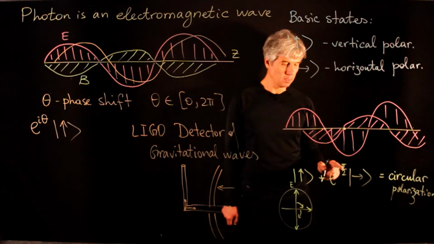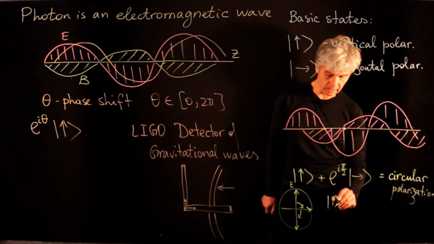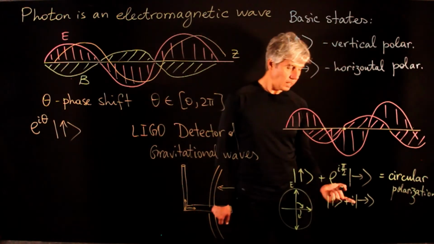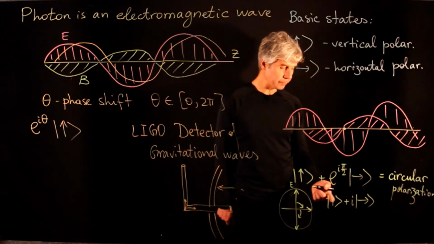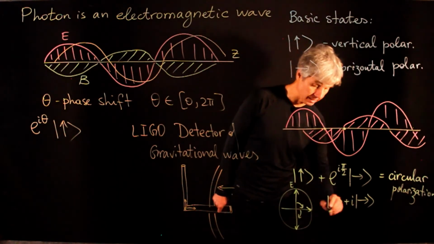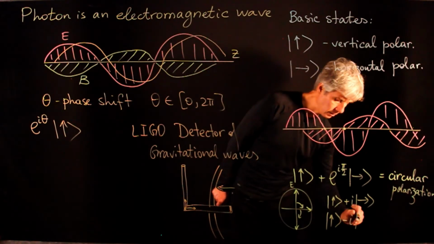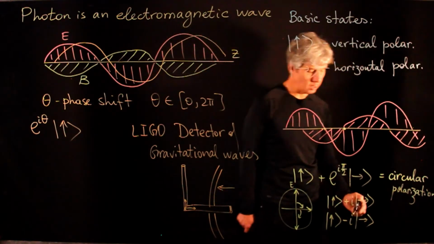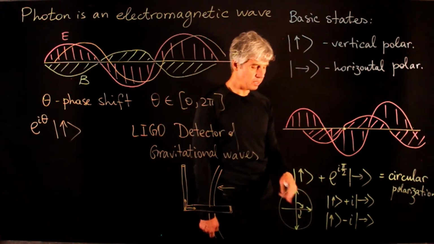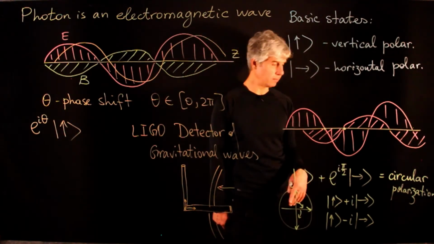So e to the i pi over 2 is simply i. So this can be written like this: plus i times this. And there is another state where instead of plus i, we can take minus i. So we can have vertical polarization minus i times the horizontal polarization. Both will give us circular polarizations, but different ones. One will be clockwise rotating, and another will be counterclockwise rotating.